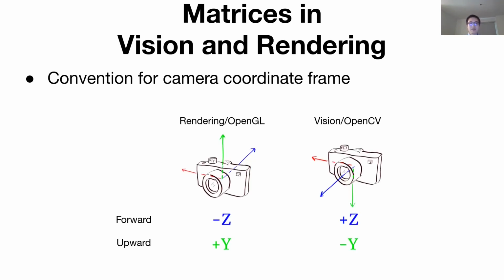First, the coordinate axis convention for the rendering and vision community are often different. For example, in OpenGL, people will typically assume that the forward of the camera is the negative z-axis, while the upward is positive y. But for vision libraries, such as OpenCV, the forward would be positive z, and the upward direction would be negative y.